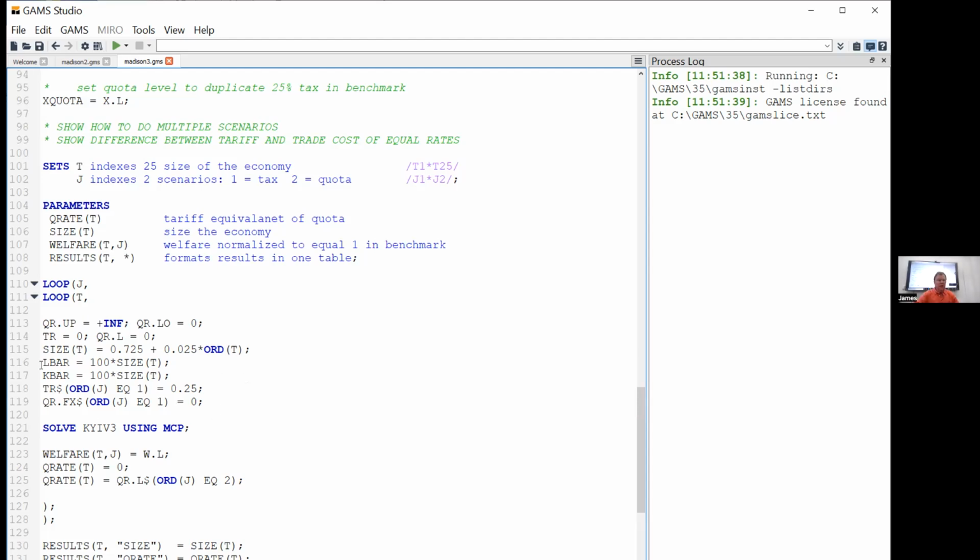So you see that down here as we go through the loop T, the size of the economy is going to keep getting bigger. It starts with 100 units of labor and 100 units of capital, and that will be raised with each iteration of the inner loop.